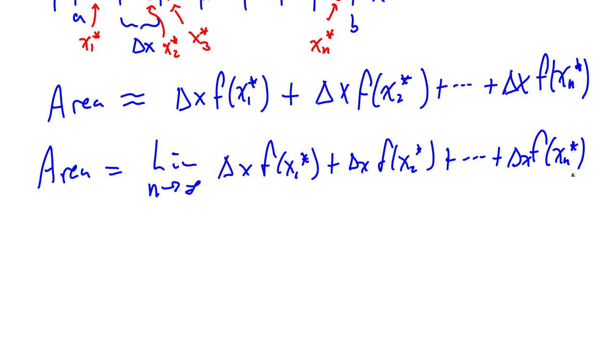Now it turns out that as long as f is a continuous function, it can be proven that this limit does exist and that the area is equal to that.